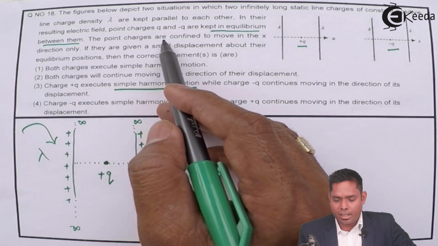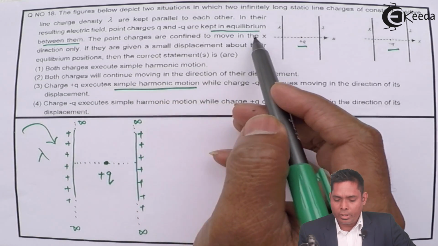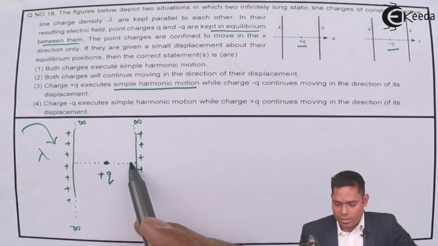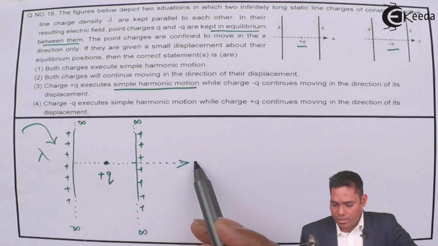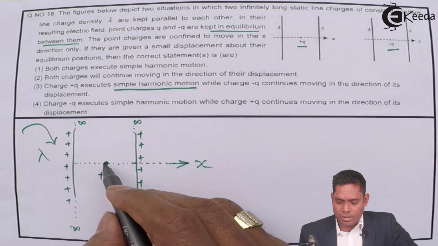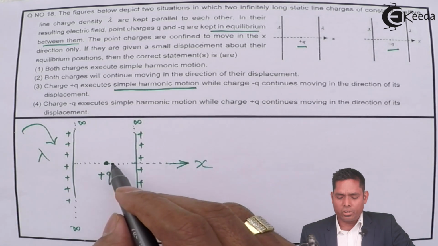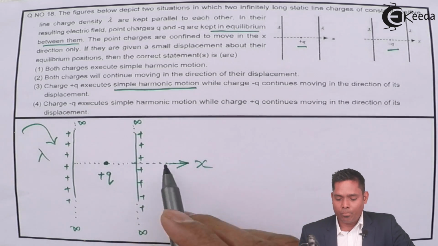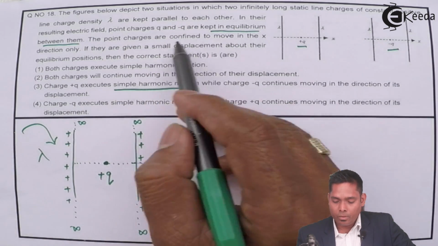The point charges are confined to move in the x direction. So this is the x direction given. So this point charge is confined to move in a constant motion, that is, the charge cannot move here or there or in any other direction except this direction.